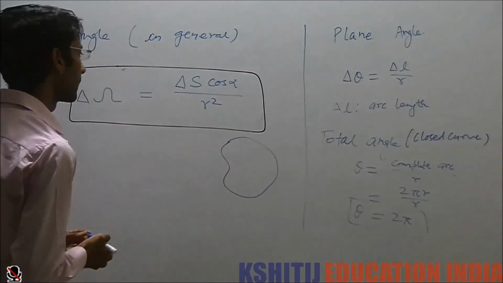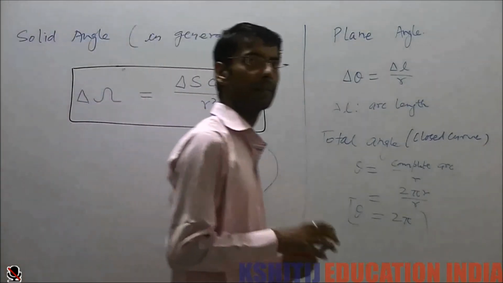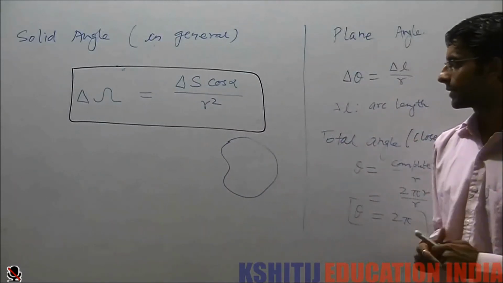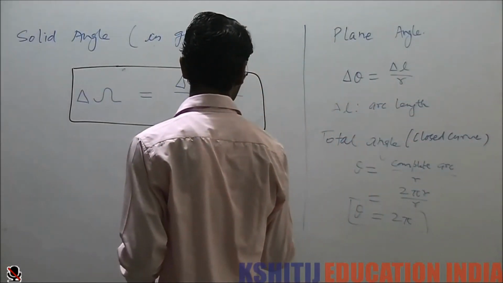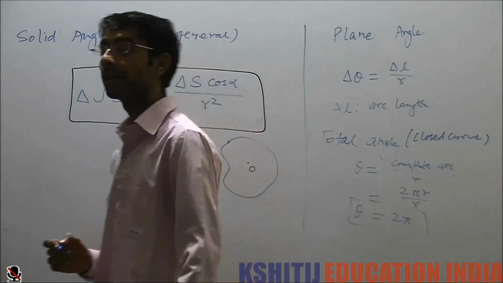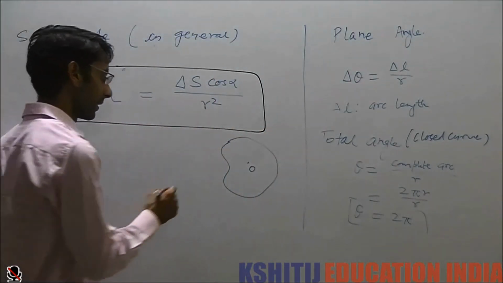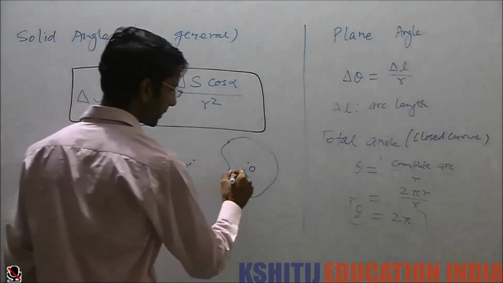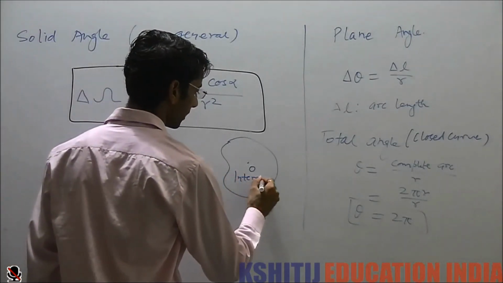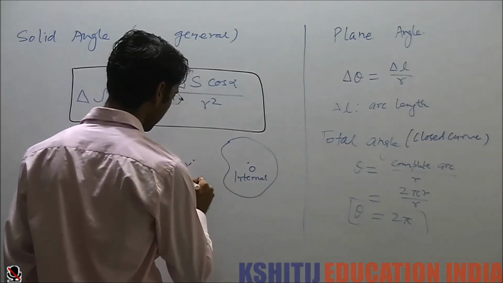If we are talking about the solid angle, we have two choices. The first choice is that we can measure the solid angle from any internal point O. We can also measure the solid angle from any external point O prime. This is internal and this is external.